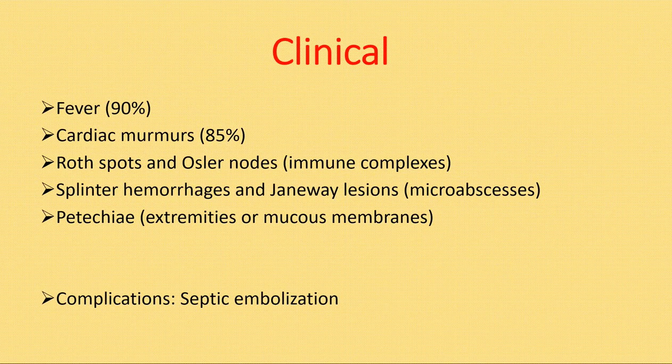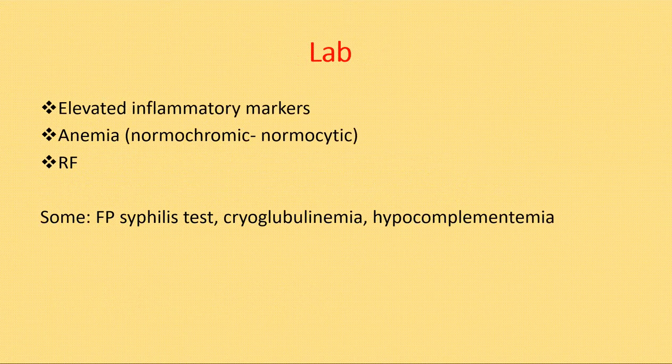For example, the patient is having signs and symptoms of infective endocarditis and tells you, "Oh, my back hurts." That gives you a hint, it could be an osteomyelitis of the vertebral column. So we have to do a workup for that.